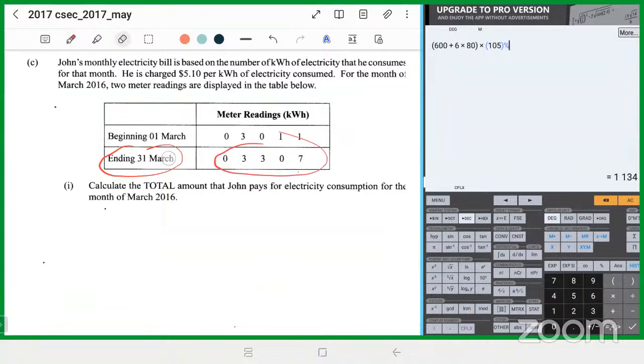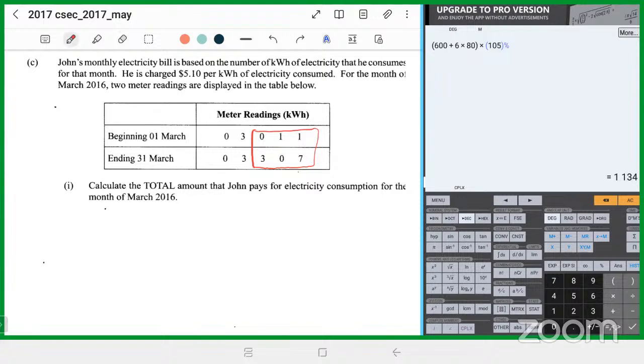So clearly there's an increase. The increase is the difference of those two numbers. All right? Let's see what the question is.